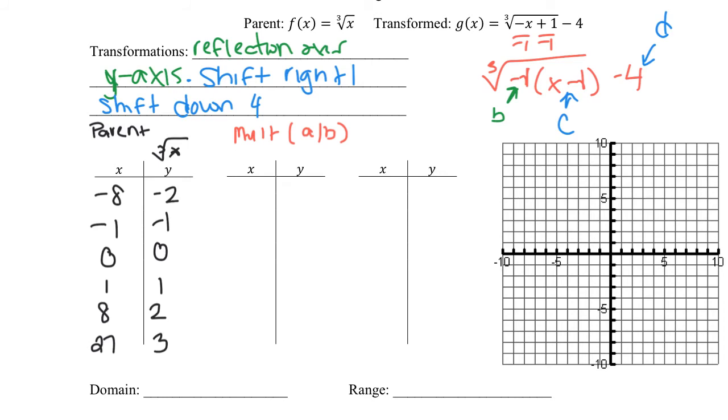But if you take the reciprocal of negative 1 and you flip it over, well, that's still negative 1. So you're going to multiply all of your x's by negative 1, and you keep your y's the same because I do not have an a value. So let's go ahead and do this transformation. Multiply all of your x's by -1, and keep your y's the same.